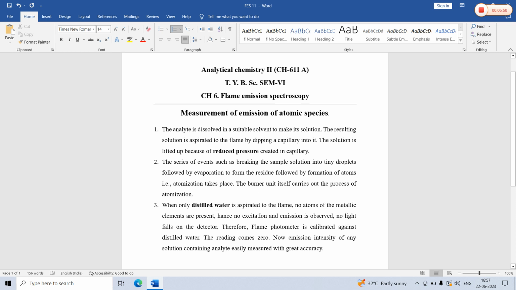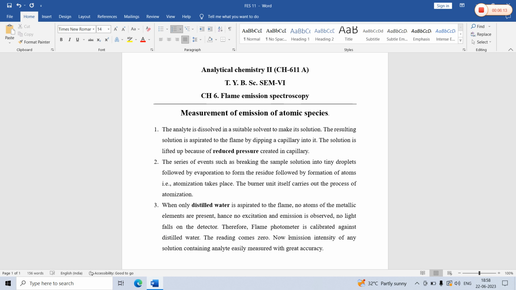When it is aspirated into the flame, no atoms go into the flame, because distilled water does not contain any analyte. Hence no excitation and emission is observed.